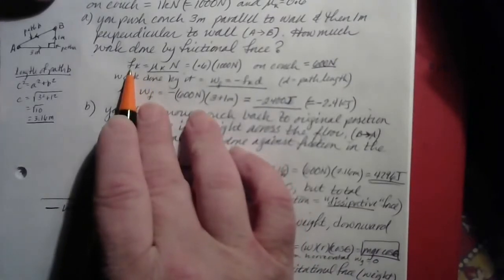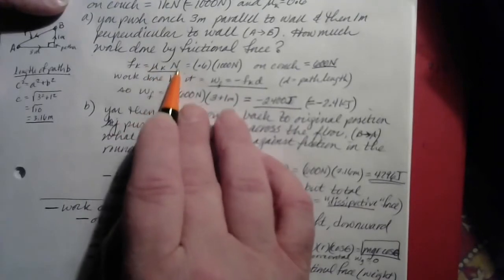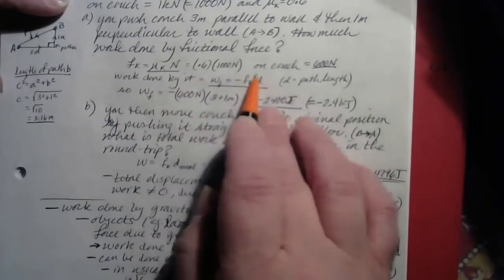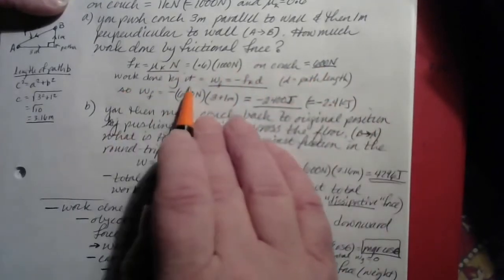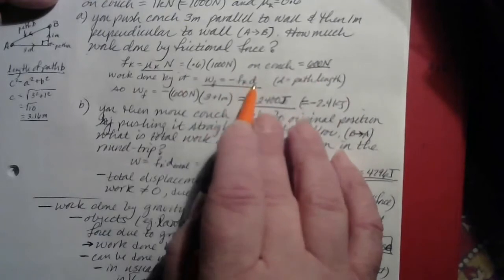So the frictional force, again, is just the coefficient of kinetic friction times the normal force, and that's 0.6 times 1,000 newtons, or 600 newtons. Okay, the work done by that frictional force would be Fd.